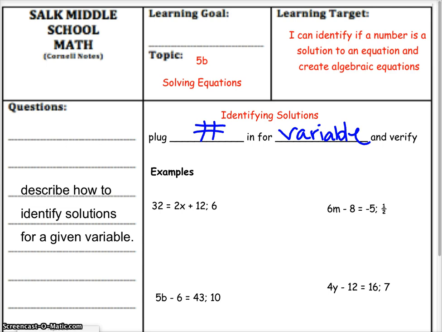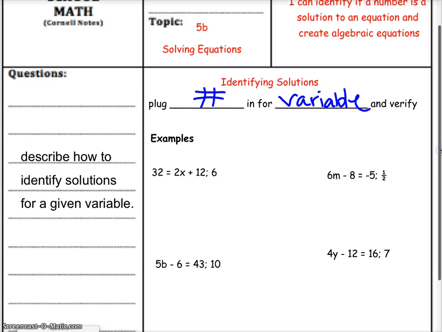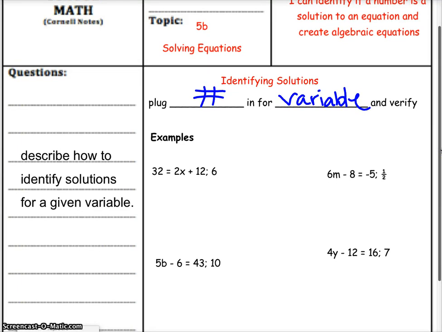How they format this is where some kids get confused. The semicolon here, this says 32 equals 2x plus 16; x equals 6. The semicolon means x equals 6. That's all it means, for x, or the variable, equaling 6.